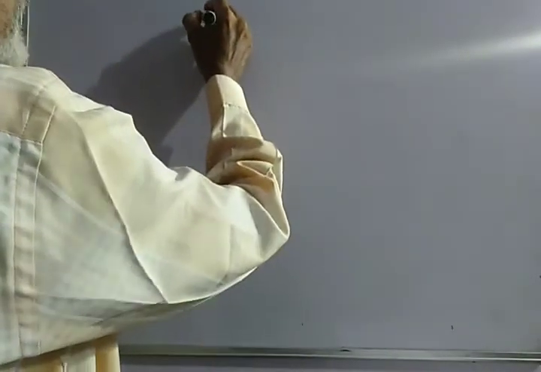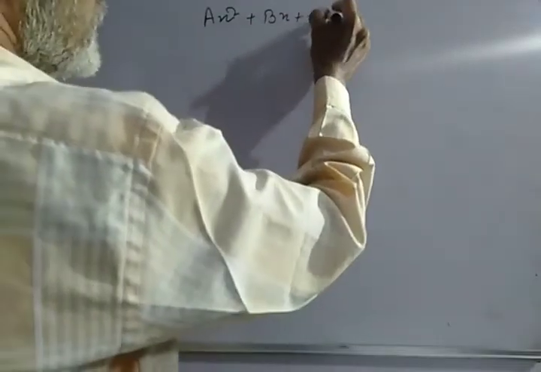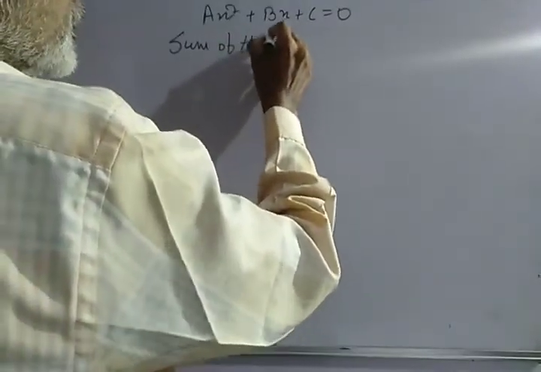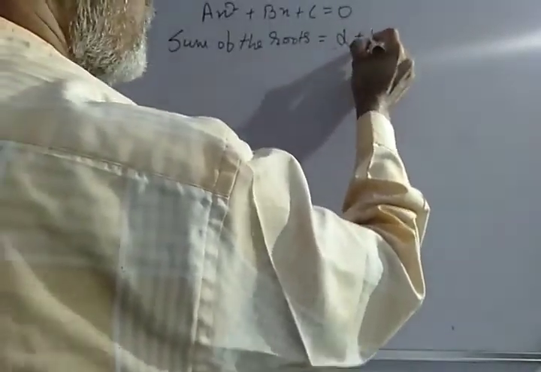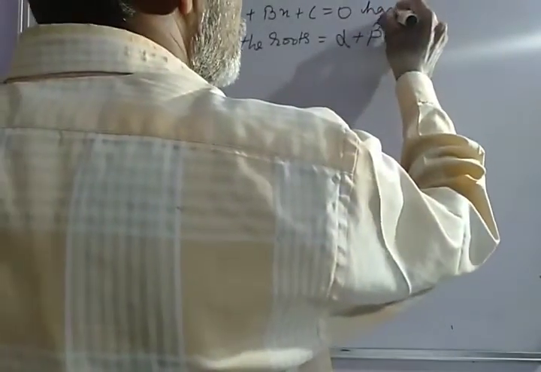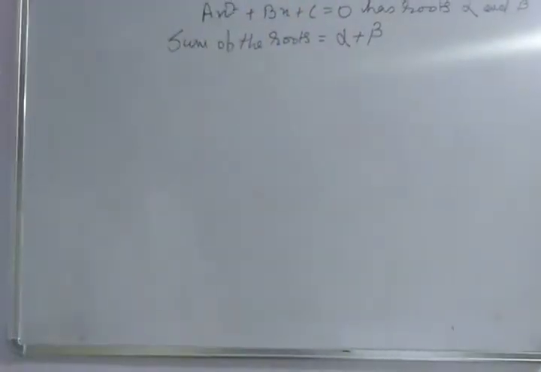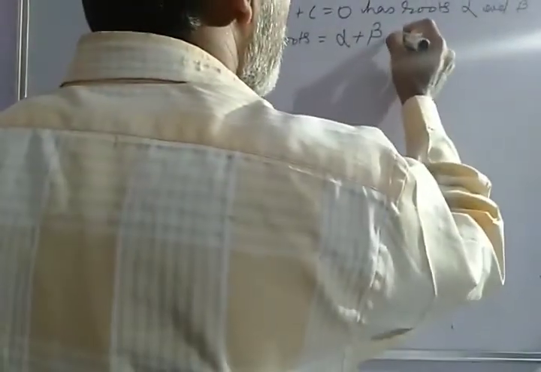If an equation is ax square plus bx plus c is equal to 0, and it has roots alpha and beta, then the sum of the roots, alpha plus beta, is equal to minus b by a.